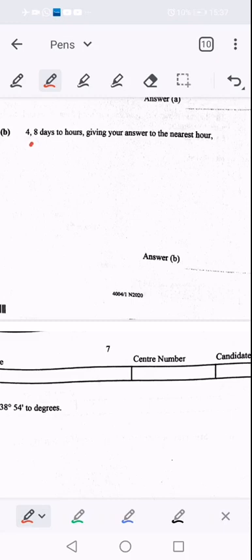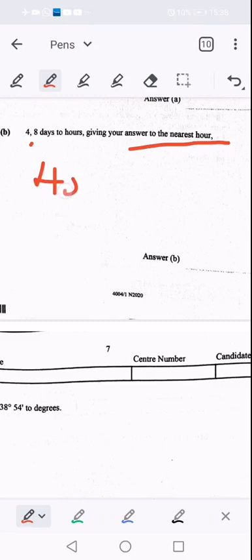Giving your answer to the nearest whole number. So ukaona vati give your answer to the nearest whole number, vakati to the nearest centimeter, vakati to the nearest meter, vakati to the nearest kilometer, vakati ameno zvavataura to the nearest chi. In other words, vari kungoti to the nearest whole number, to the nearest whole number, to the nearest what? Whole number.